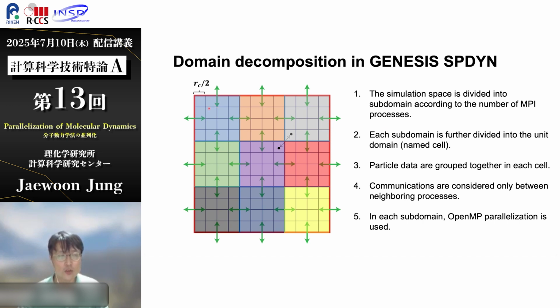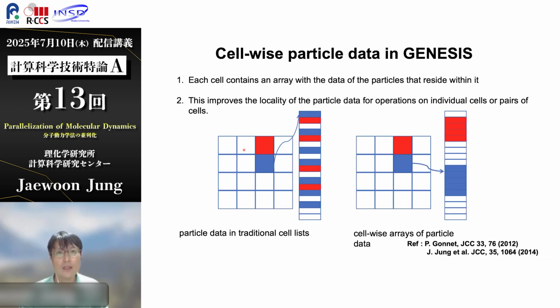And this cell is used for every particle interaction. And for every particle, if we follow the global atom indices, then particle data is saved in memory in this way. But we reorder the particle indices such that the particles in the same cell are grouped together. So in this sense, we can increase the memory accessibility.